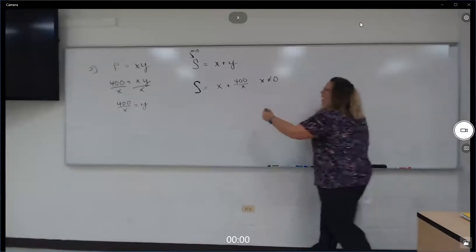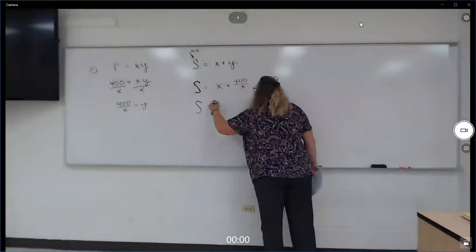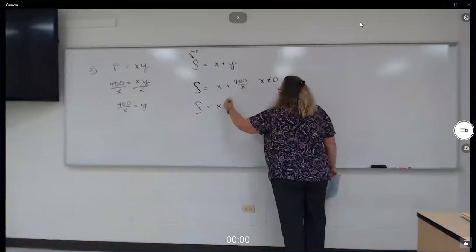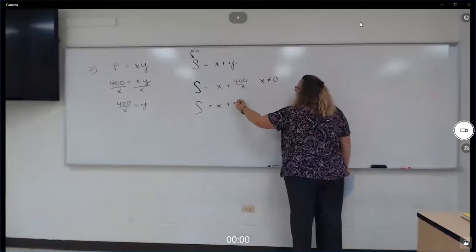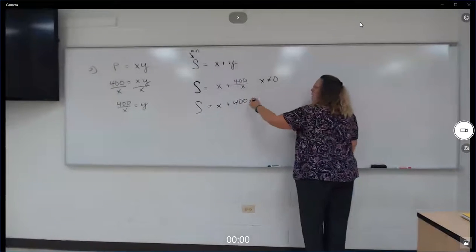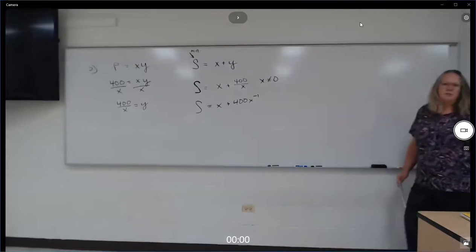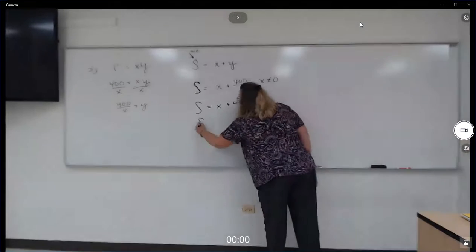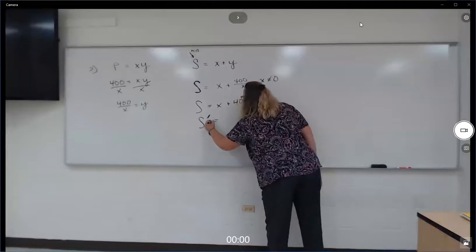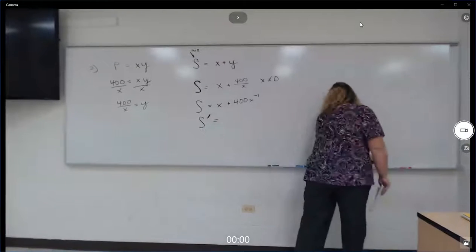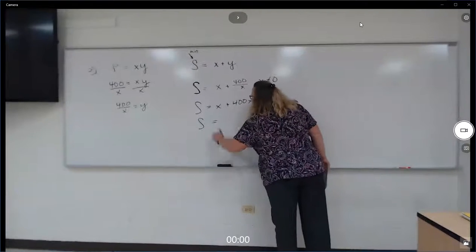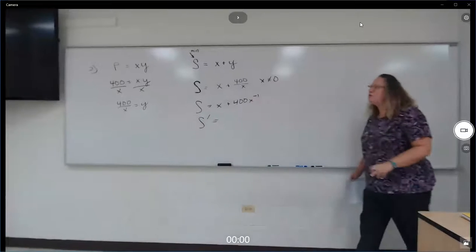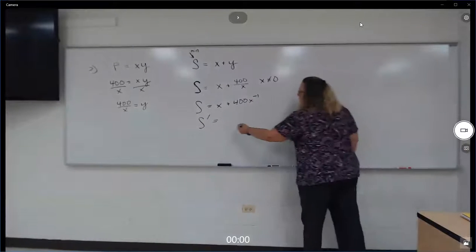Okay, so now I'm still going to do s because in order to take the derivative, I'm going to rewrite this as 400 x to the negative 1. And now I can actually take the derivative. So x goes to 1.